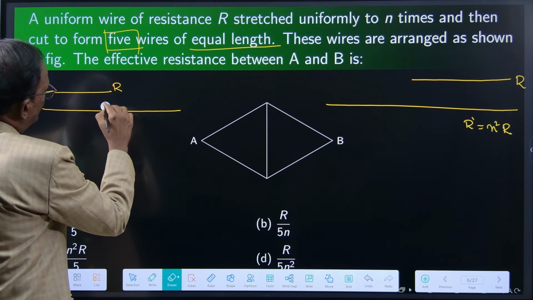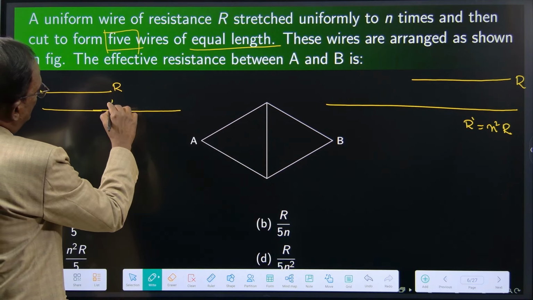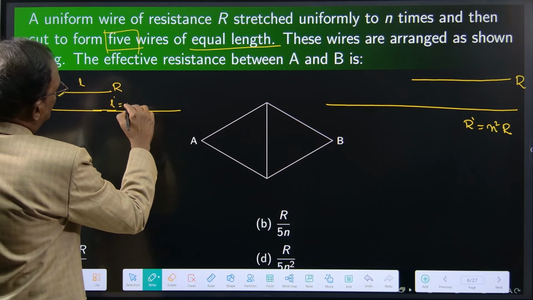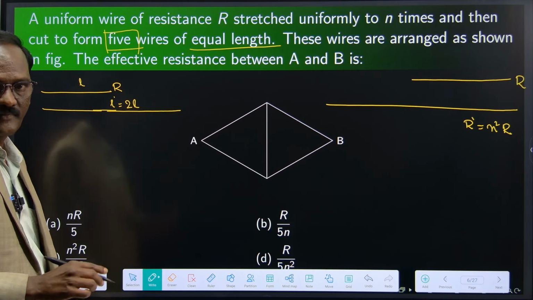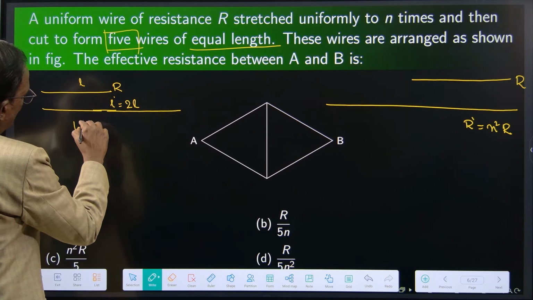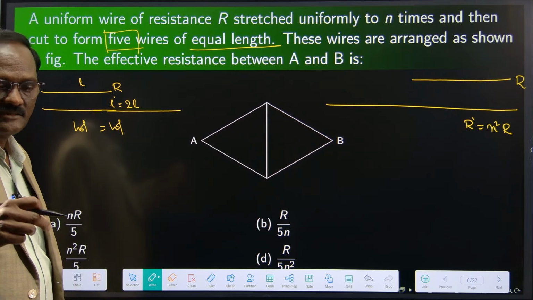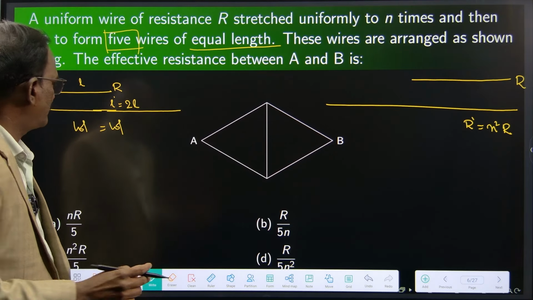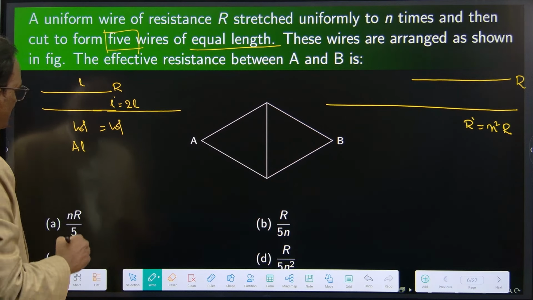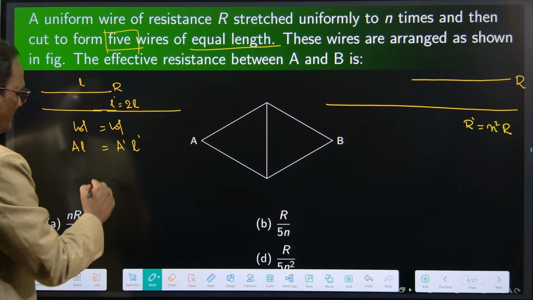The length becomes, this is L, then this is L dash. L dash is equal to 2L. According to conservation of volume, in both cases, the volume must be same, isn't it? If you stretch it, the cross-sectional area will be coming down, right? Here it is A into L in the first case, then it is A dash into L dash.